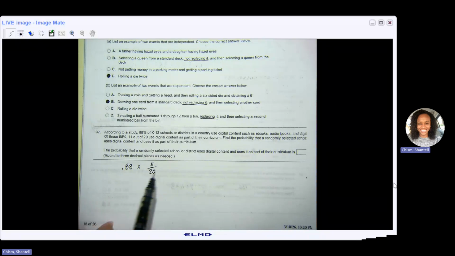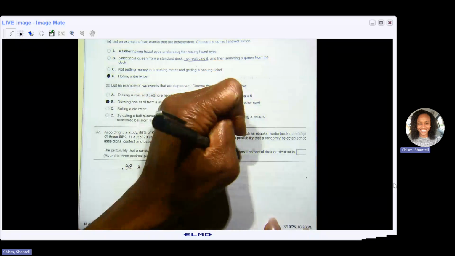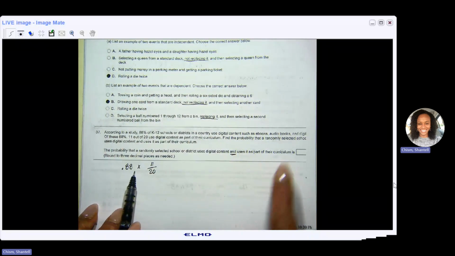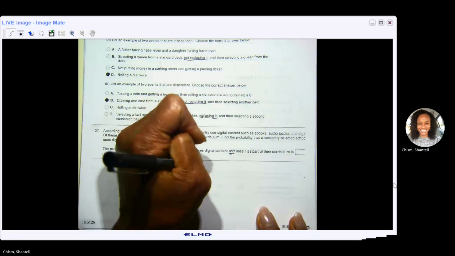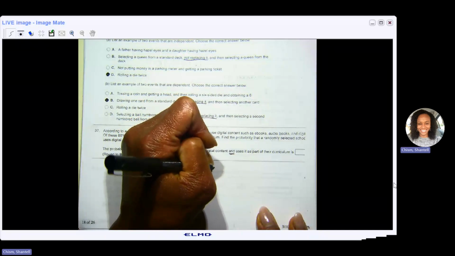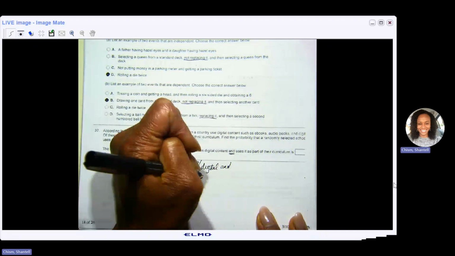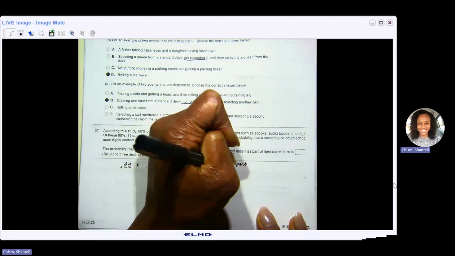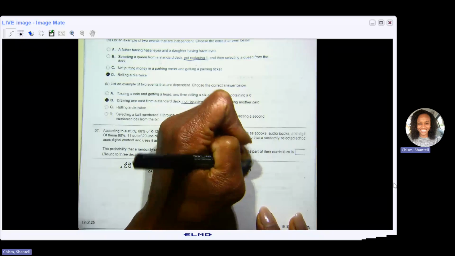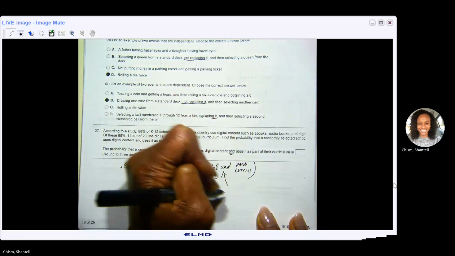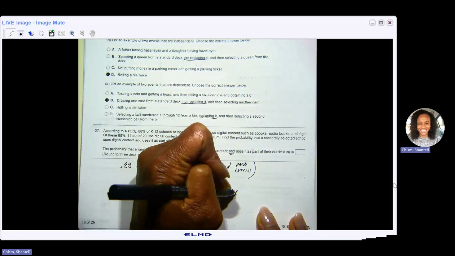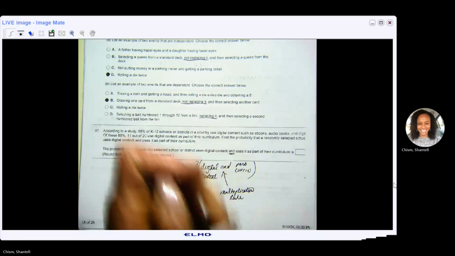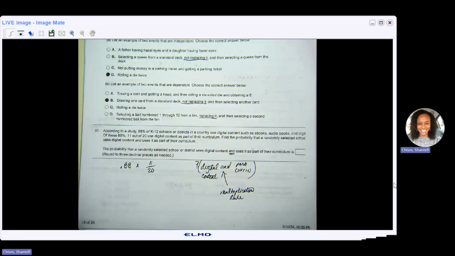So we multiply because it says the word and: uses digital content and uses it as part of their curriculum. So this would be a multiplication rule, use digital content and part curriculum. Because it says and, that is the multiplication rule where we multiply.